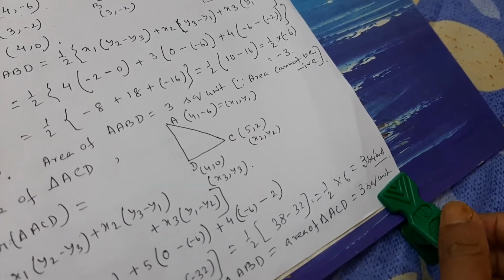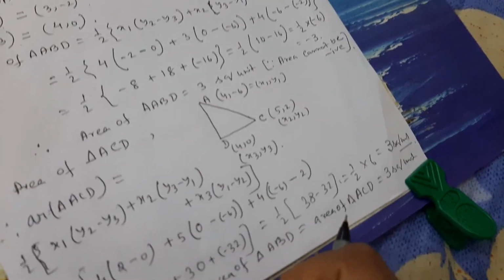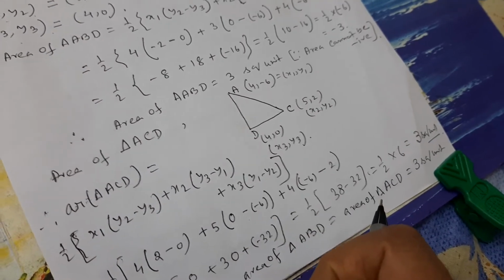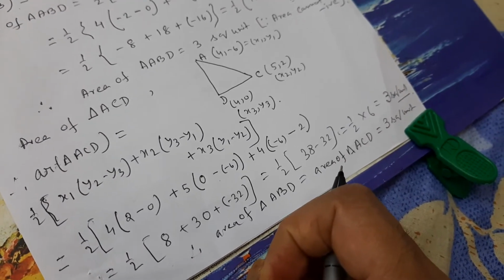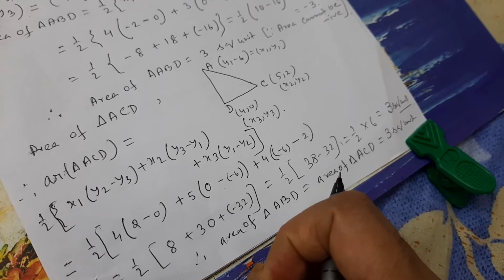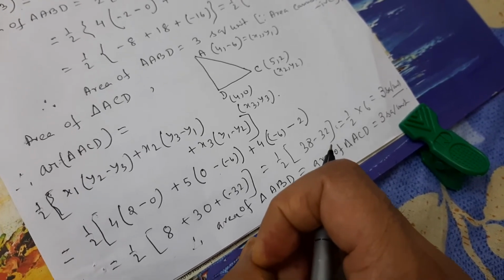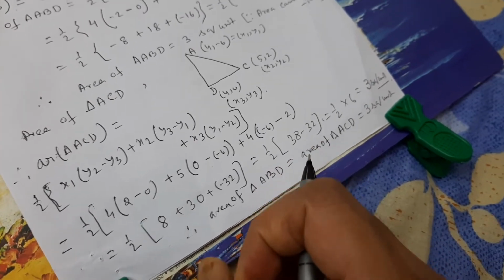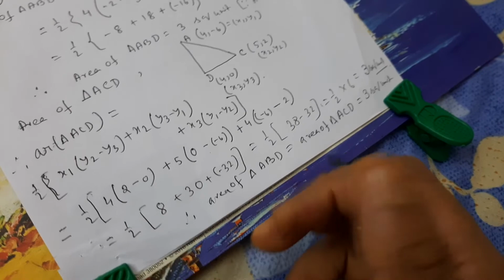Both are the same answer. So the question is verify, that means we have to prove this for ABC whose vertices are given. The median of a triangle divides it into two triangles of equal areas. So we got two triangles of equal areas, hence proved.